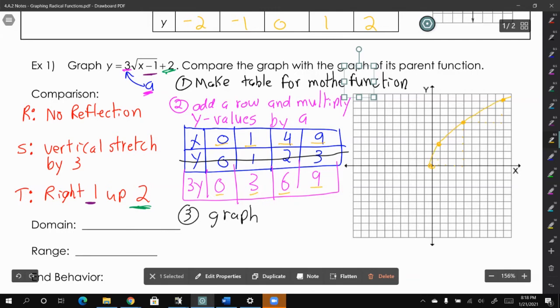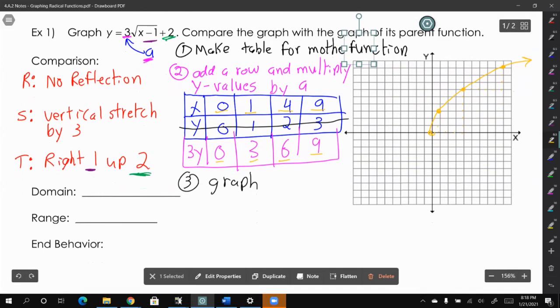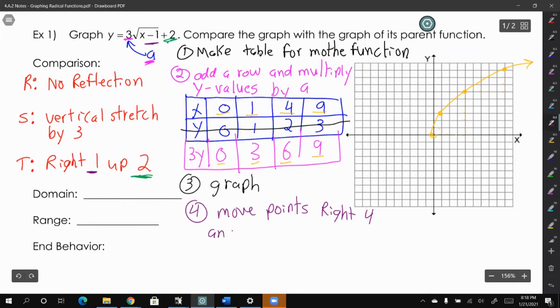So here's that graph. Well, then you have to account for the shifting, the right 1 and up 2. So the very last thing we're going to do, our fourth step, is to move points right 1 and up 2.